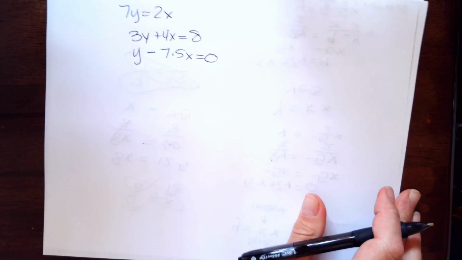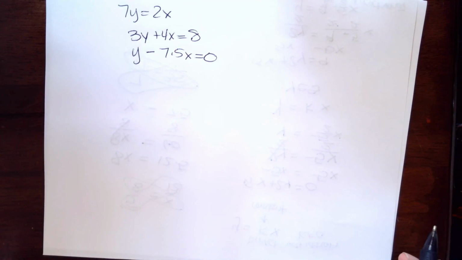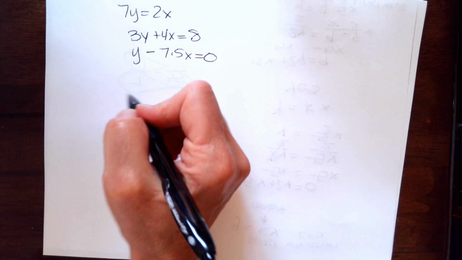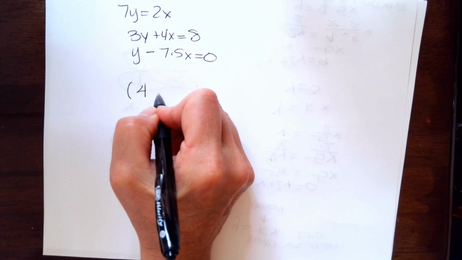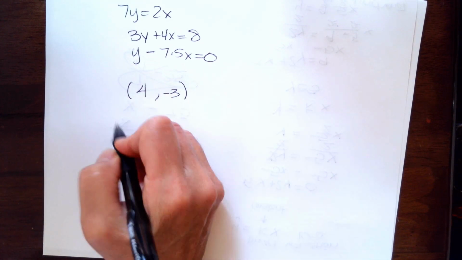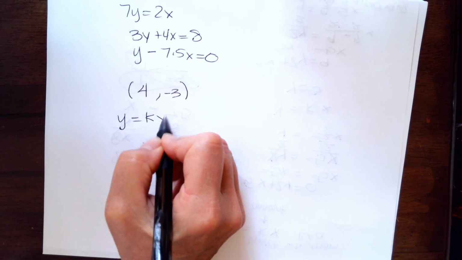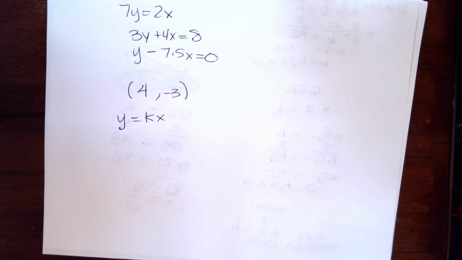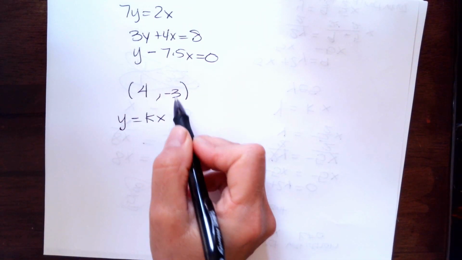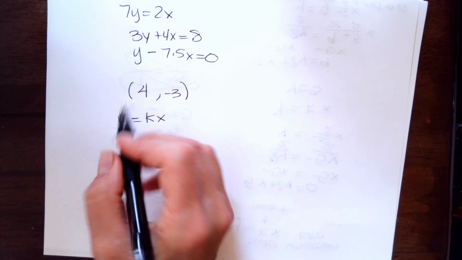All right, so sometimes you have to write an equation given a point. So write an equation of the direct variation that includes the point 4, negative 3. So you're going to use your direct variation function, and everywhere you see an x and everywhere you see a y, you're going to substitute what that says.